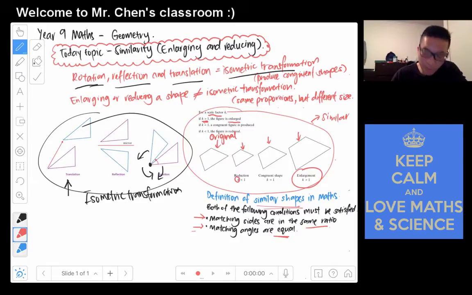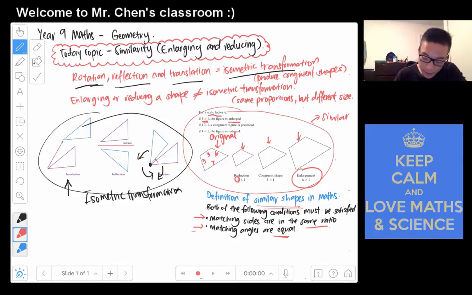I'm going to give you a few examples. Let's say the sides are 5, 3, 7, and 6.